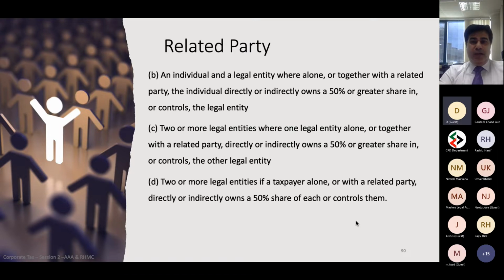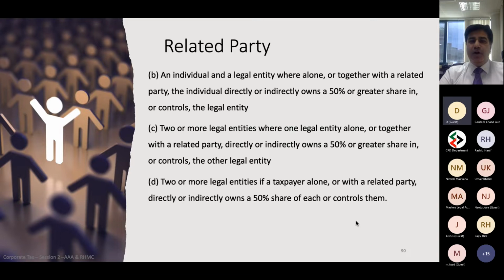So 2 or more legal entities, 1 legal entity alone or together with a related party, directly or indirectly owns 50% or greater share in the control of the legal entity. So now the story is coming up. You need to find the UBOs, because unless you find the UBO, it will be very difficult to establish whether the warm bodies, people who are living and kicking, are owning 50% directly or indirectly.